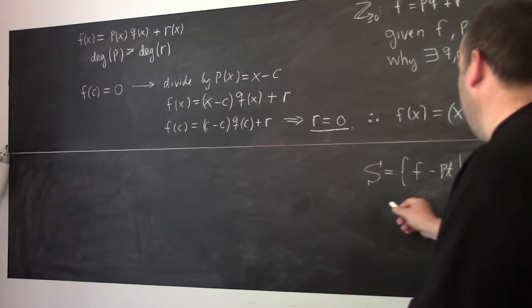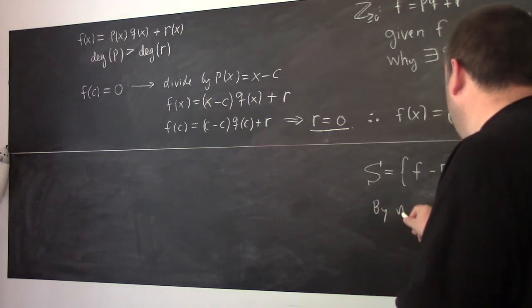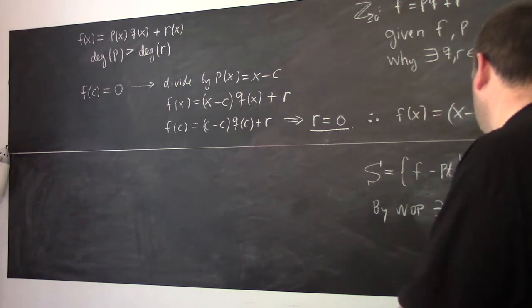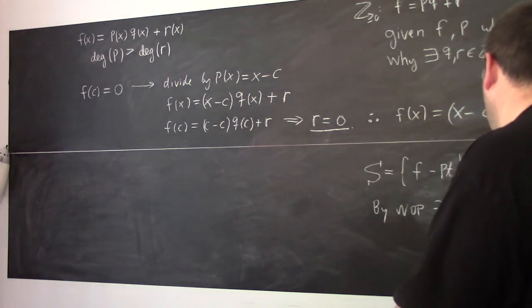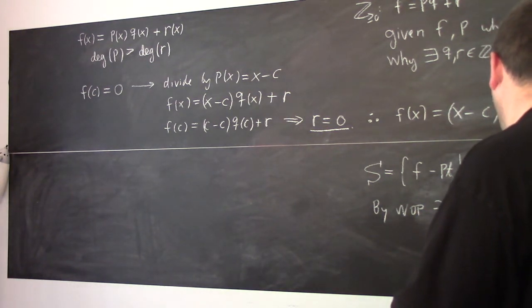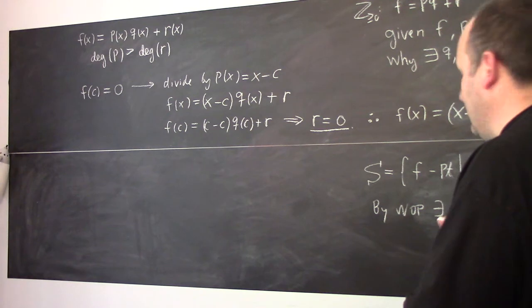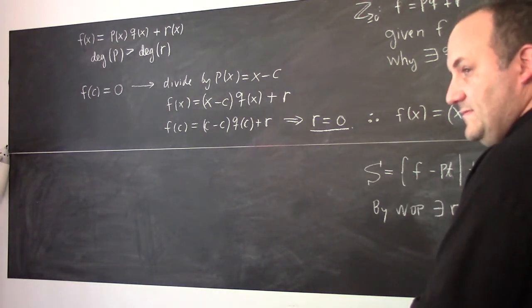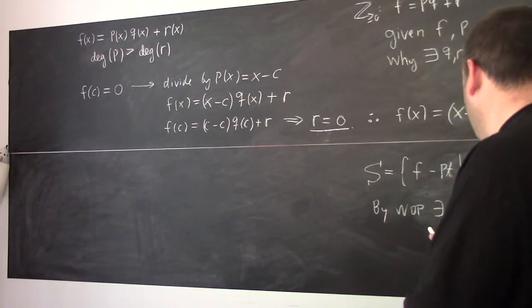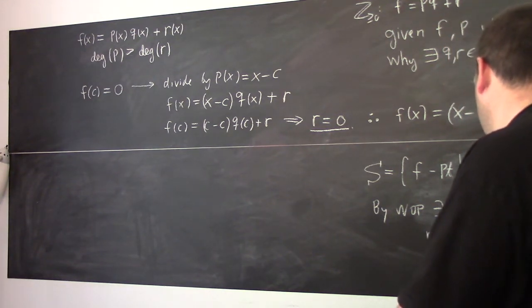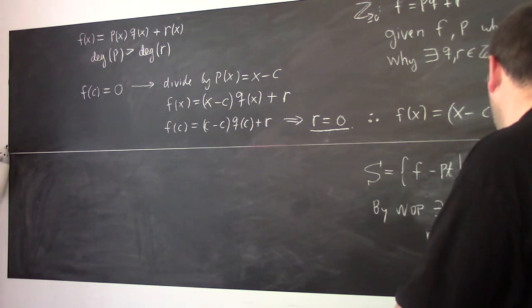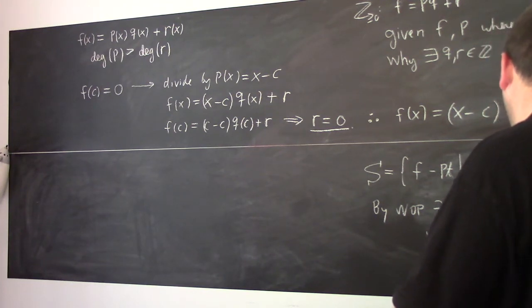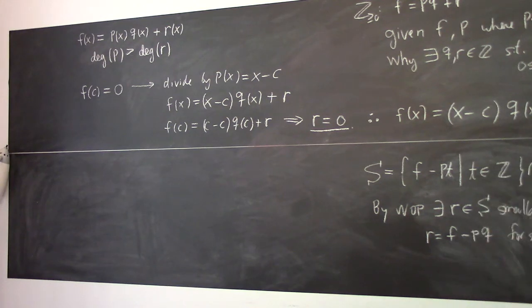So by the well-ordering principle there exists a smallest element of S. R is equal to the minimum of S, so R is equal to f minus pq for some q. And so this is how the division algorithm is proved for integers.